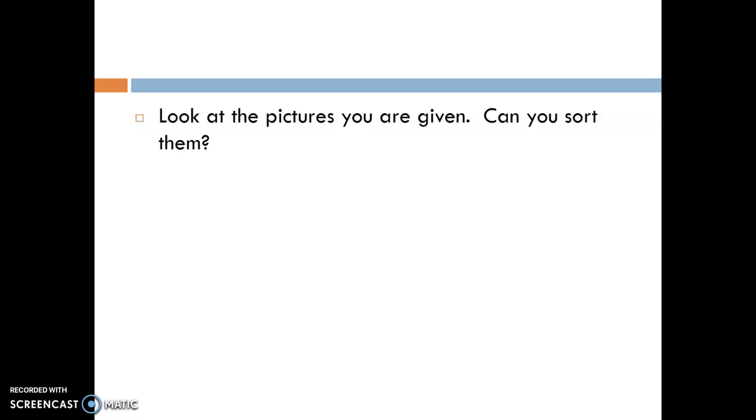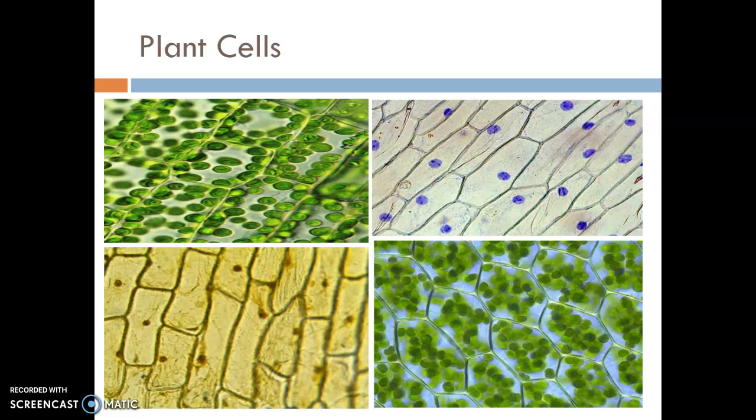So, next slide are going to be several pictures. And you're going to have to determine if you can sort them. So when you get to this slide, you're going to go back to this slide and tell me why you know that there are plant cells. I can name a couple just looking at these pictures.